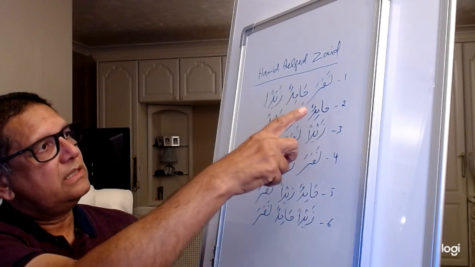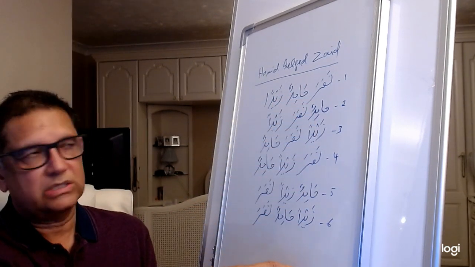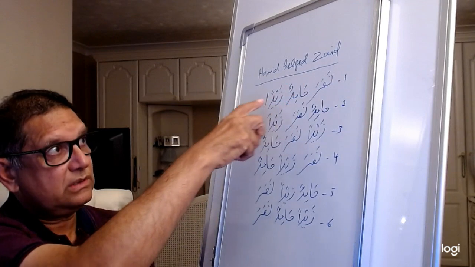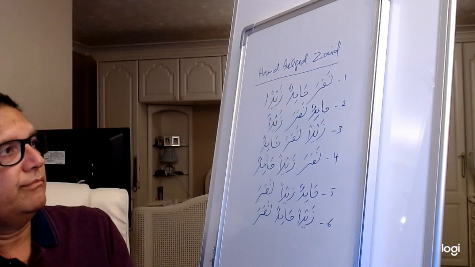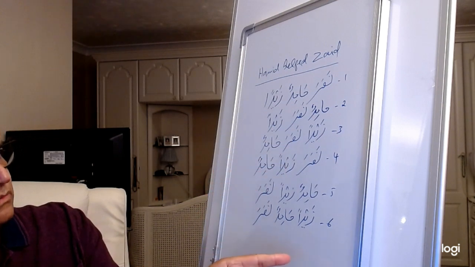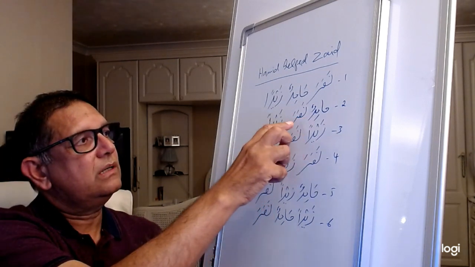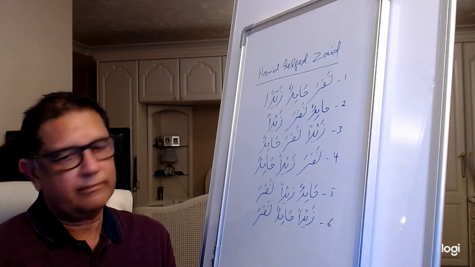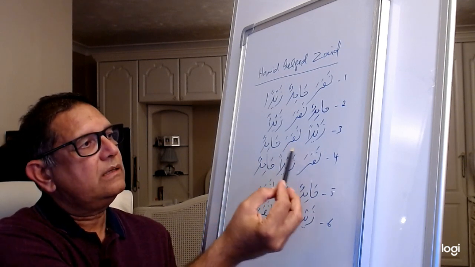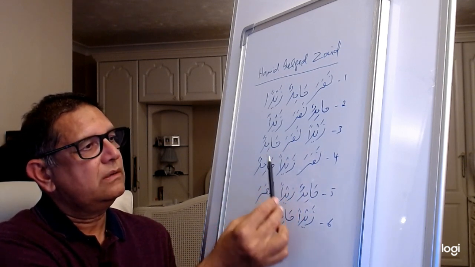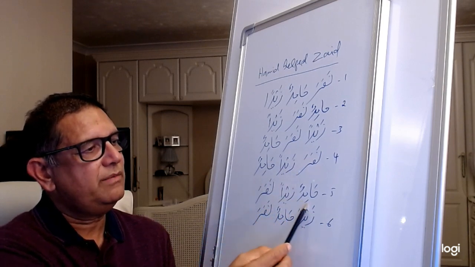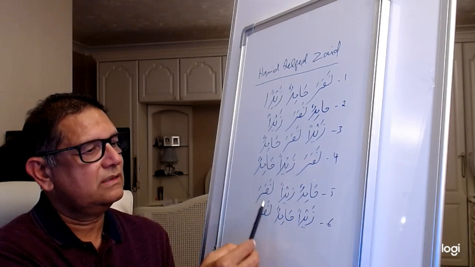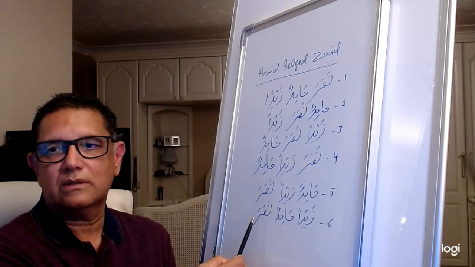This is the default construction, Nasara Hamidun Zaidan. But these are all other possibilities: Hamidun Nasara Zaidan, Zaidan Nasara Hamidun, Nasara Zaidan Hamidun, Hamidun Zaidan Nasara, Zaidan Hamidun Nasara.